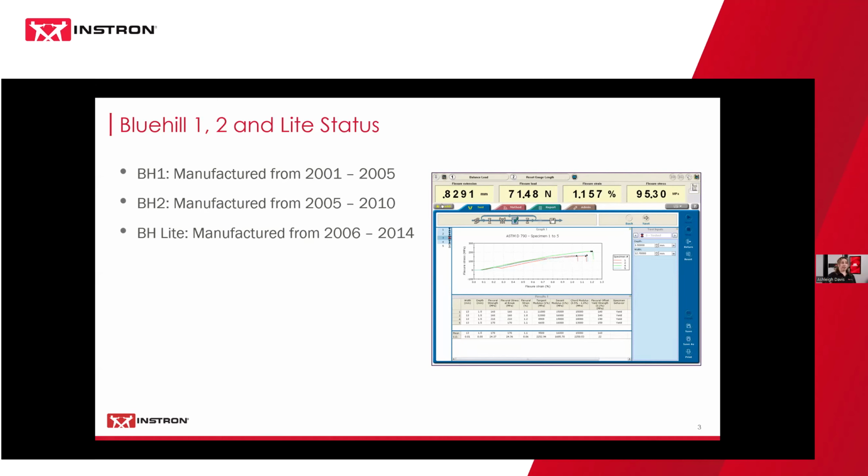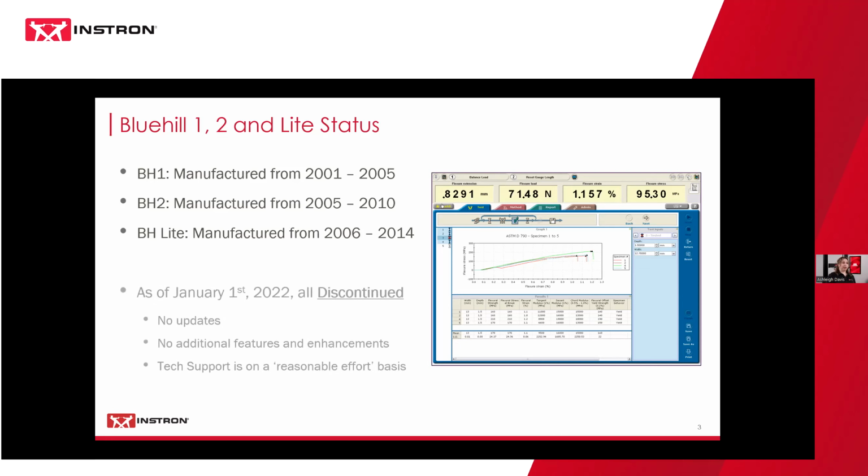And all of these softwares, including Bluehill 3, have all been discontinued as of January 1st, 2022. So that means there are no updates, no additional features or enhancements, and tech support is going to be on a reasonable effort basis. And considering how old these softwares are, the longer that you go on using them, if you were to run into any problems, unfortunately, that knowledge base is going to be leaving.